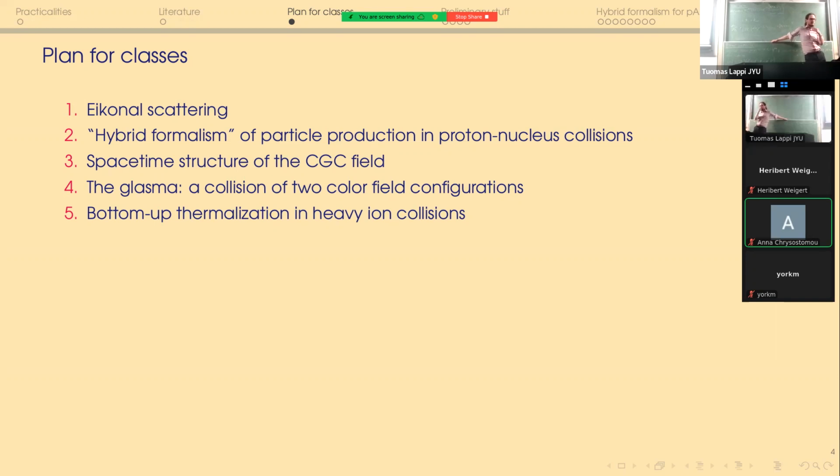So what does the optical theorem say? The optical theorem says that the total cross-section is given by the imaginary part of the forward elastic scattering amplitude, times 2 or pi or whatever, which is a convention-dependent thing. But the essential thing is the imaginary part of the forward elastic scattering amplitude.